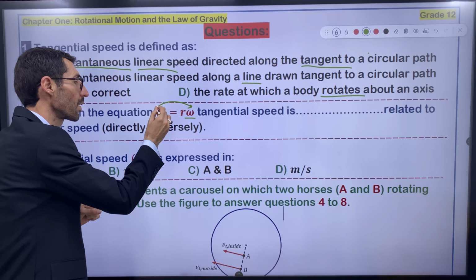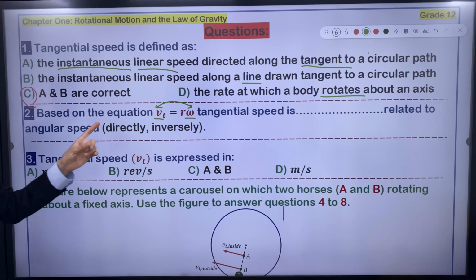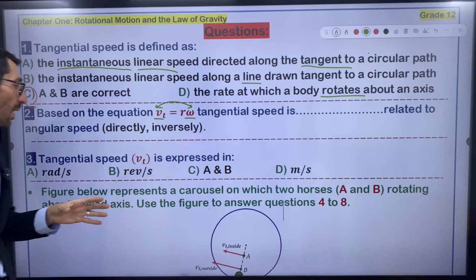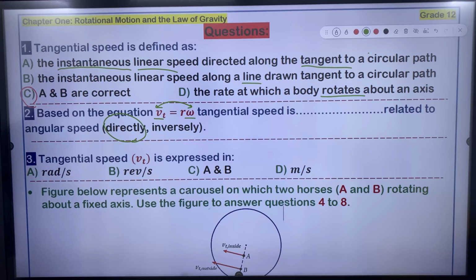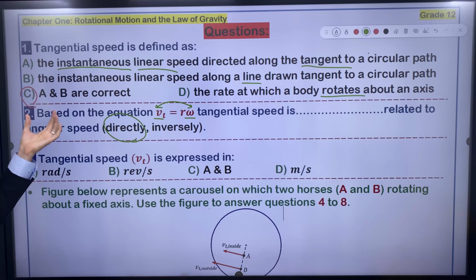That's why they are related to one another directly. The greater the tangential speed is, the greater the angular speed is. That's why you have to circle directly. A direct relationship is there between tangential velocity and omega, which is angular velocity.